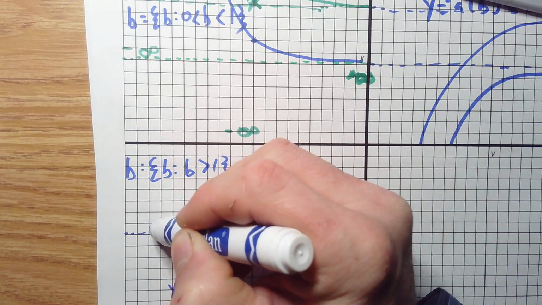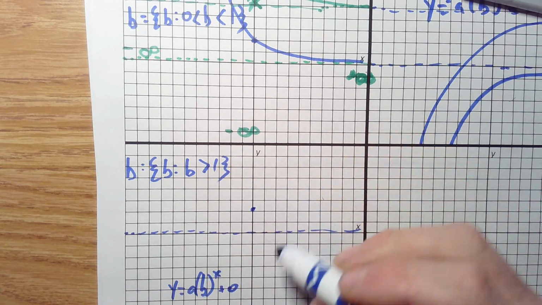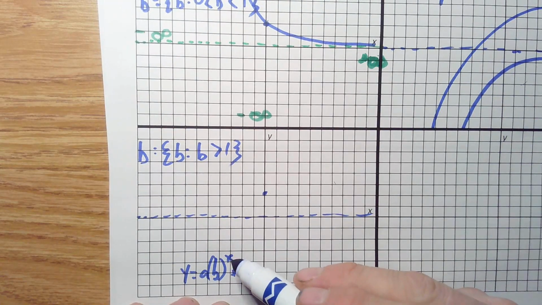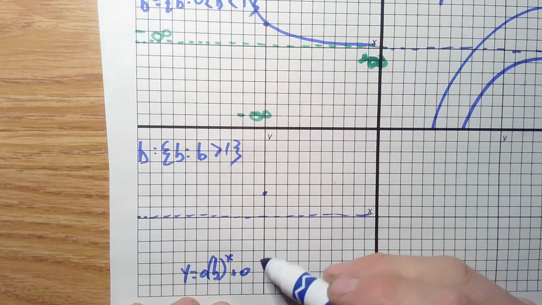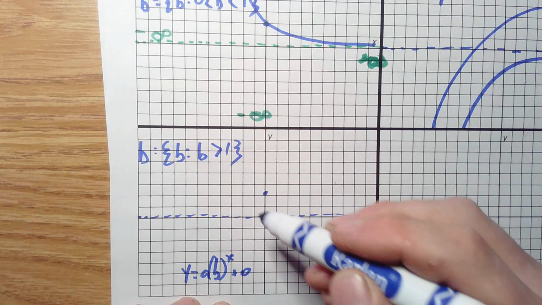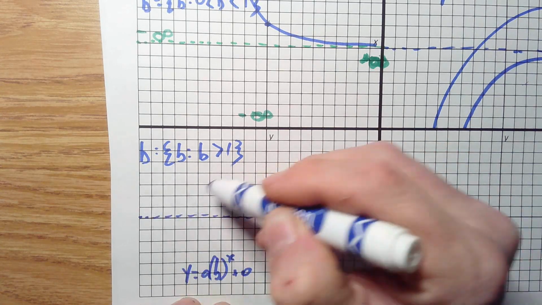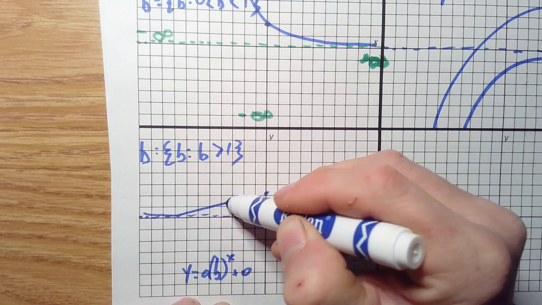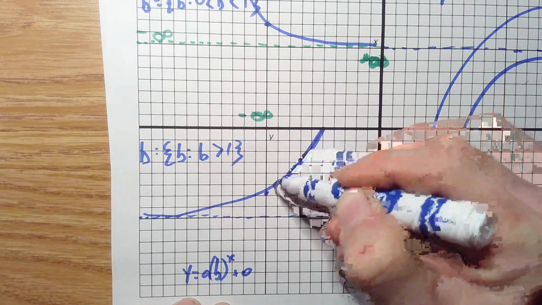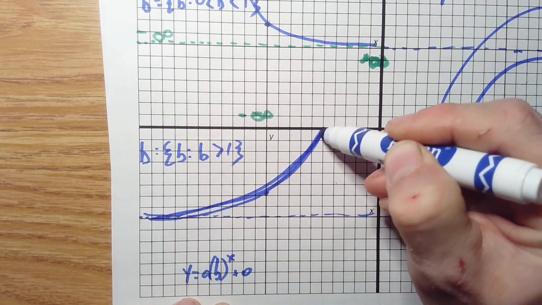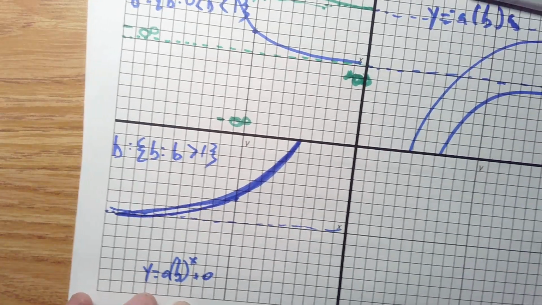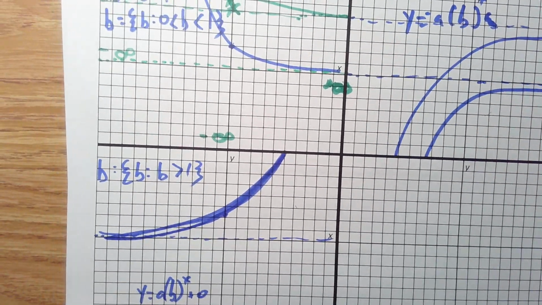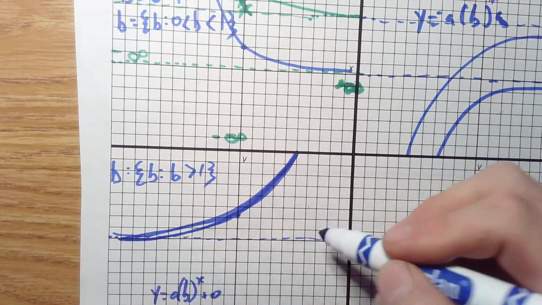Let's say that when x is 0, y is 1. But instead of decreasing, it's going to increase. That's the only difference. This is a growth.